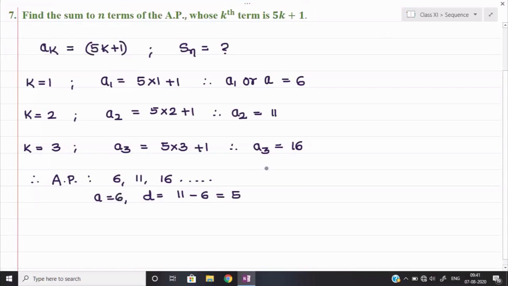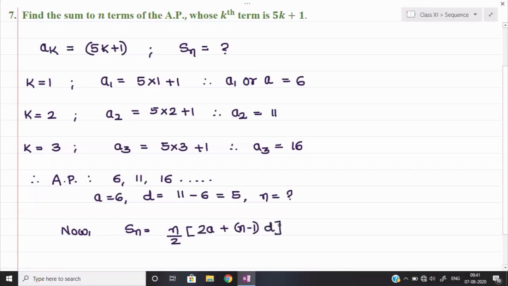Okay, and since we need to find the sum of n terms, n will be equal to a question mark. So now we shall apply the formula of Sn. So Sn is equal to n upon 2 into the bracket 2a plus n minus 1 into d.